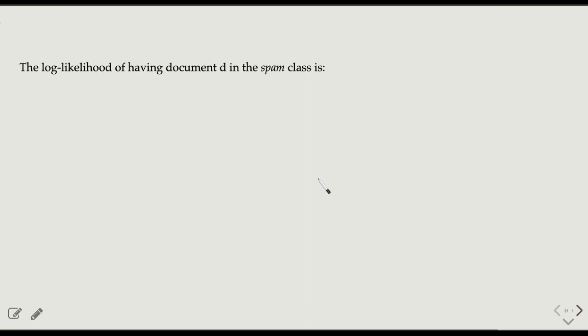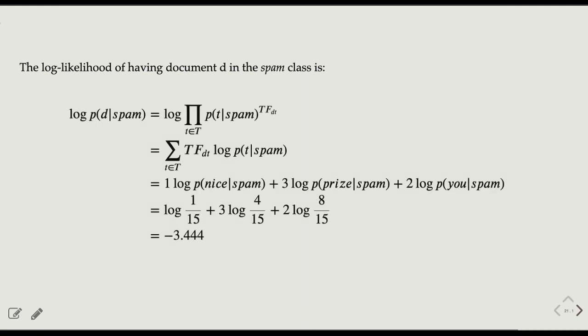And so instead of estimating the likelihood, we are going to look at the log likelihood of having a document in the spam class. So for example, instead of estimating P of D given spam directly, we're going to take a look at the logarithm of this value.